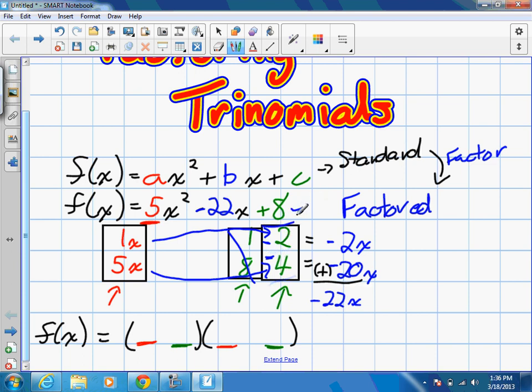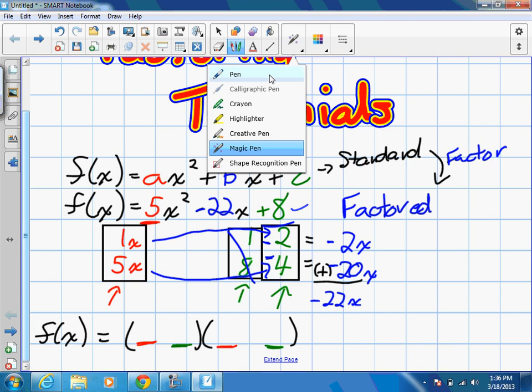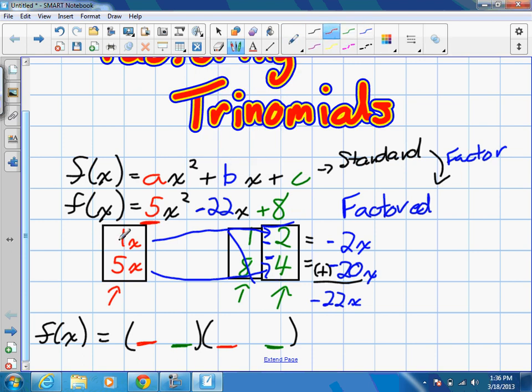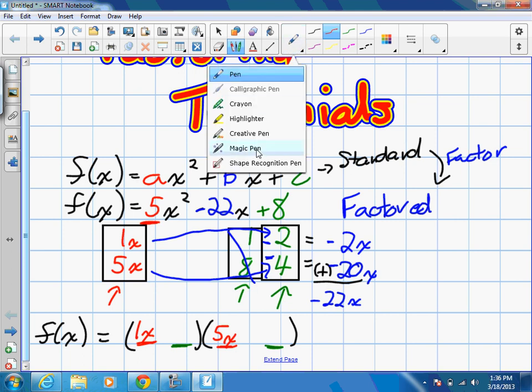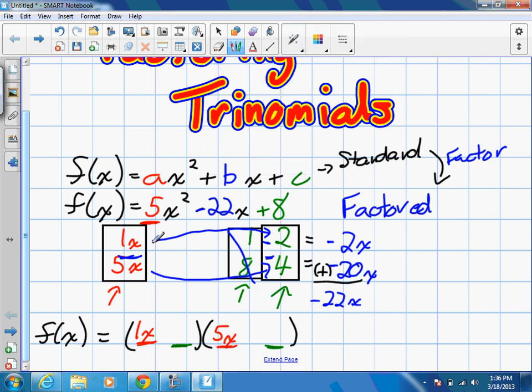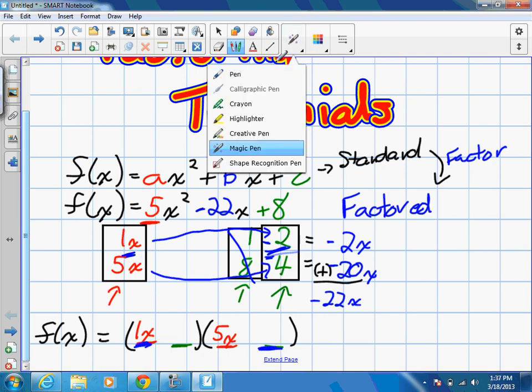So we're going to put our values into our columns now, or into our brackets. I'm going to have 1x in one of them and 5x in the other. And then when we place these in the brackets, we have to make sure what we multiplied by goes into an opposite bracket. So 1x was multiplied by negative 2, which means 1x and negative 2 have to go into opposite brackets.